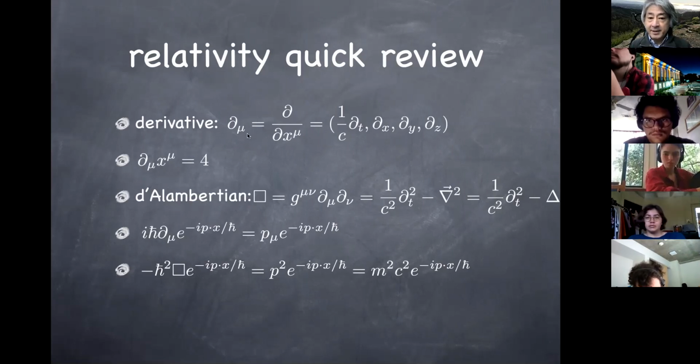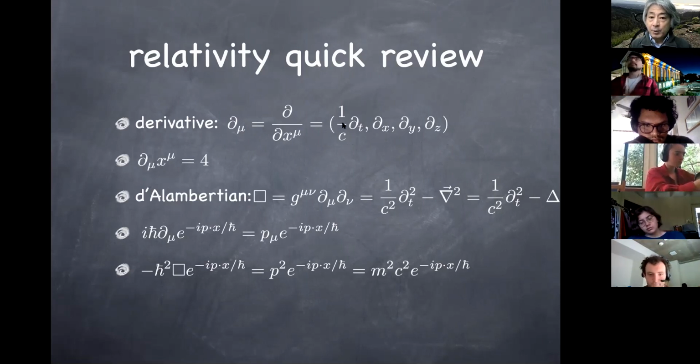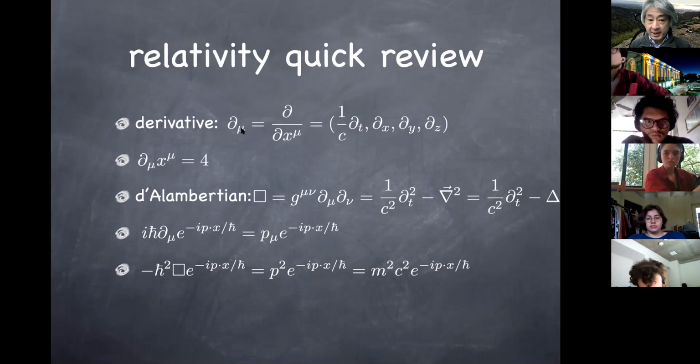So when you define the derivative, you define it with respect to ct, x, y, and z. Altogether, they form this 4-vector, (1/c ∂t, ∂x, ∂y, ∂z), but this 4-vector behaves as a vector with a lower index instead. That's the important thing you need to know.